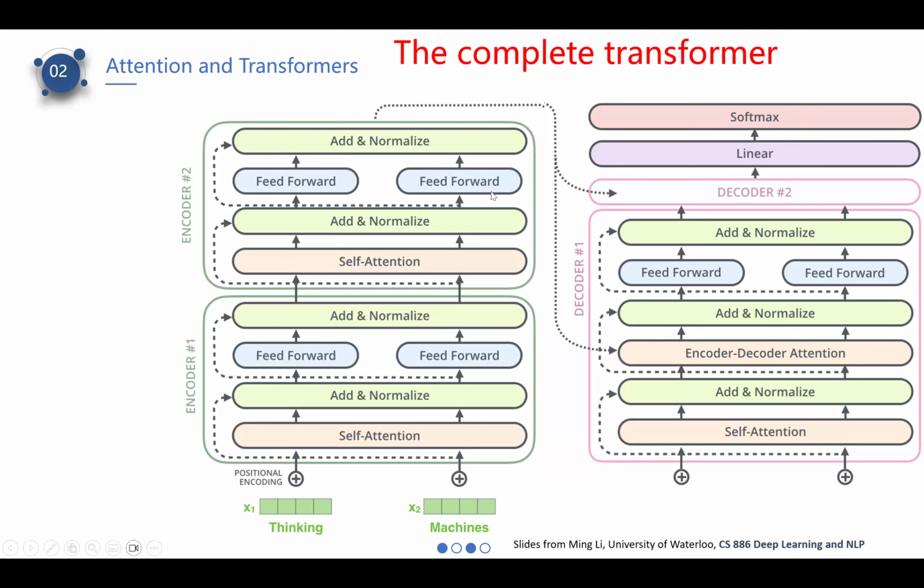But here, one input is coming from the encoder and another input is coming from the decoder, and this will be encoder-decoder attention. So that's the one difference. This is called self-attention, but this encoder-decoder attention is called cross attention because they are not the same. So that's the main difference.